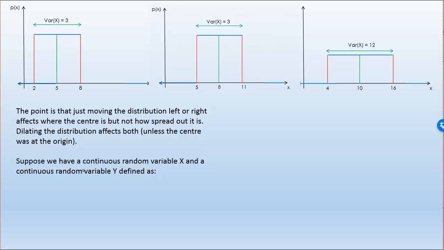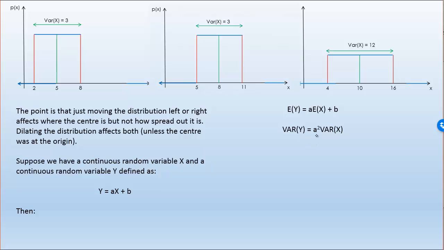Suppose we have a continuous random variable x and a continuous random variable y defined as y is equal to ax plus b. Then the expectation of y is a times the expectation of x plus b. So we see the expectation being affected both by multiplying and by adding.